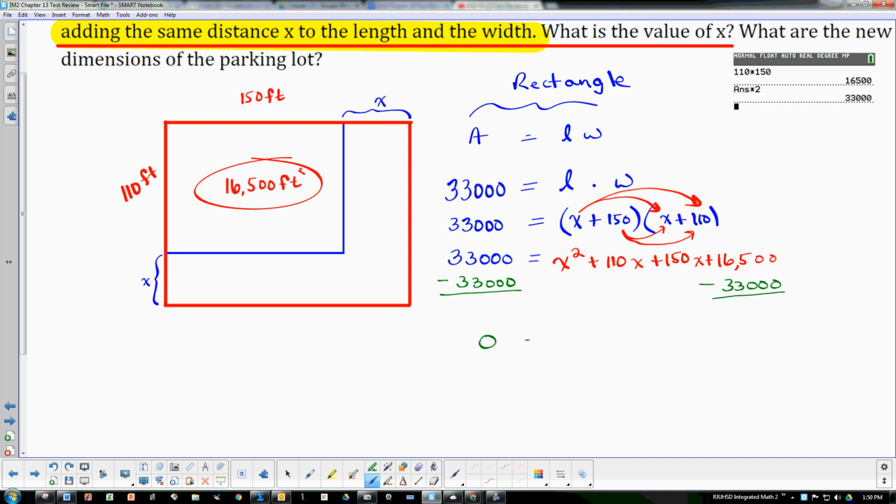I have now 0 is equal to x squared plus, combining these, 260x, and then a negative 16,500. And we are going to attempt to factor this thing. Large numbers, but it might be doable.